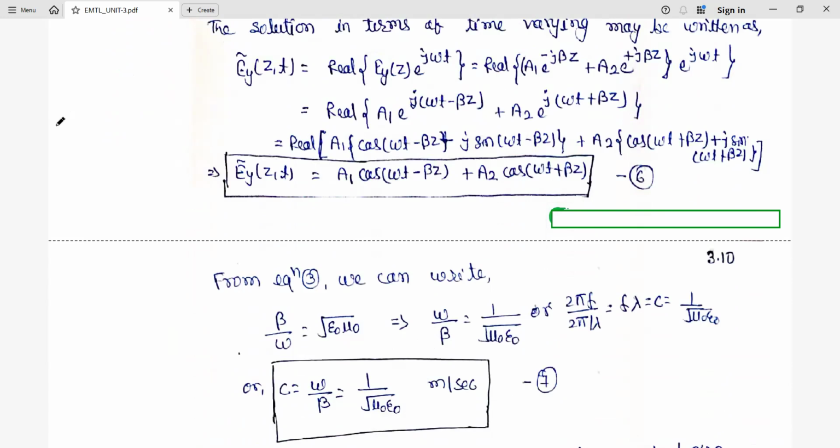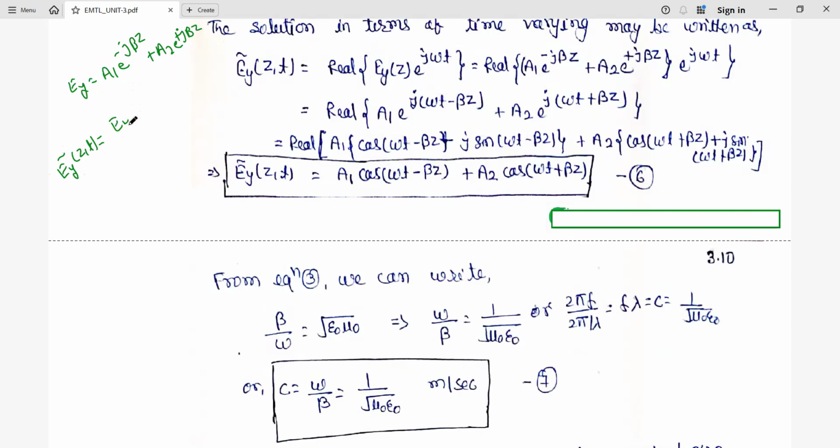So in this situation we have Ey, which is A1 e to the power minus j beta z plus A2 e to the power plus j beta z. One is along the positive z direction and another is along the negative z direction. Now this is being multiplied by e to the power j omega t, so finally we are writing E(z, t).